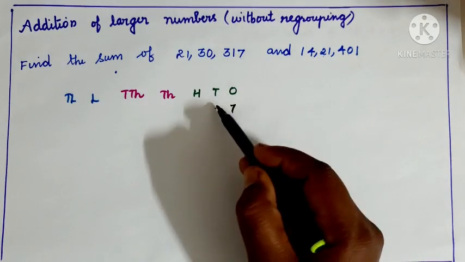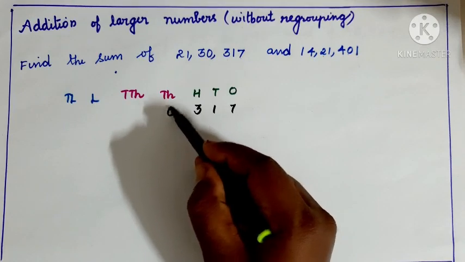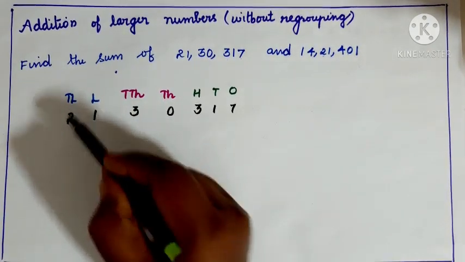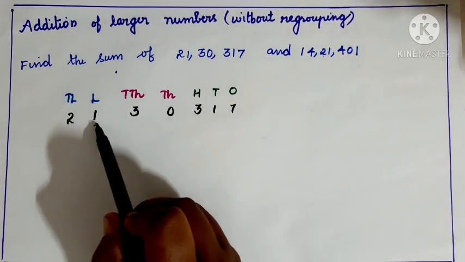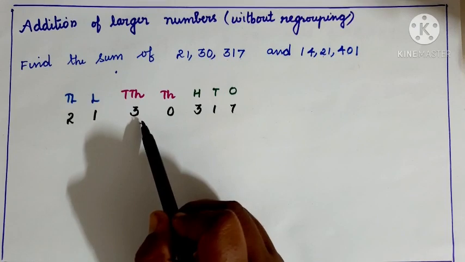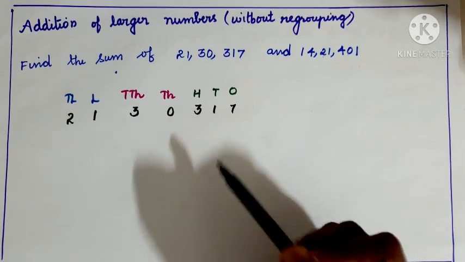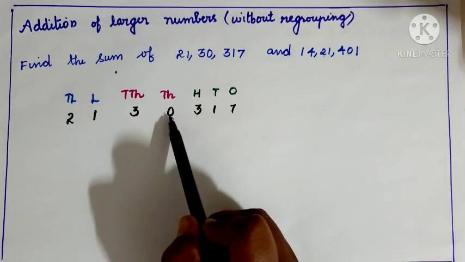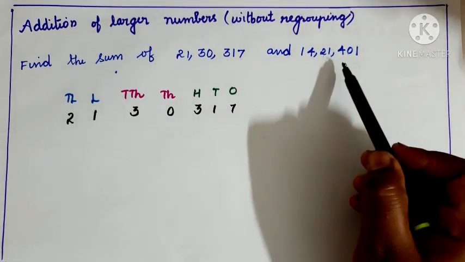So 7, 1, 3, 0, 3, 1, 2. How will you read this? 21 lakh 30,317. Again I repeat, 21 lakh 30,317.